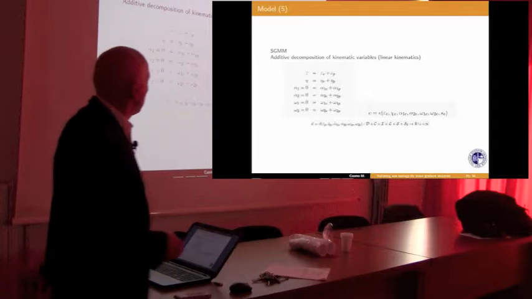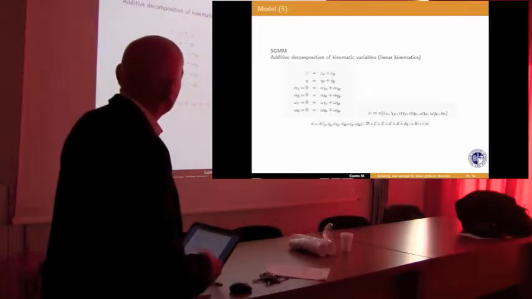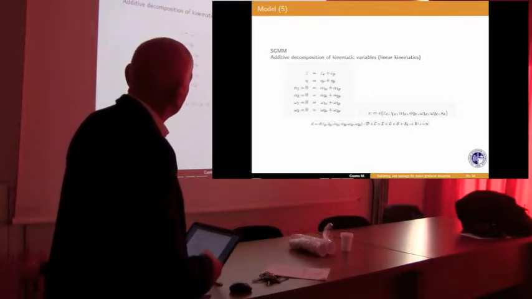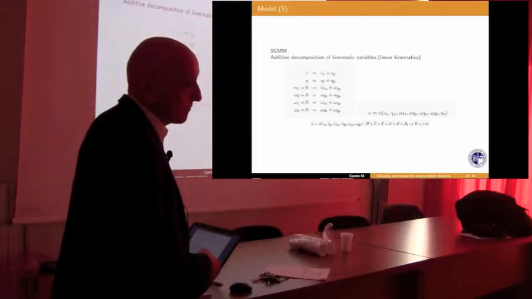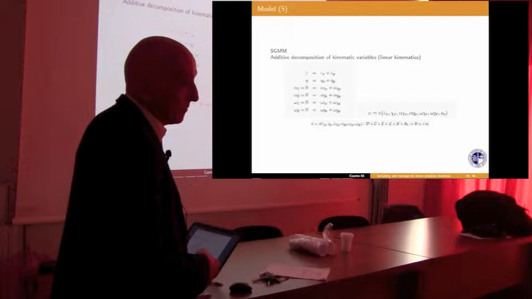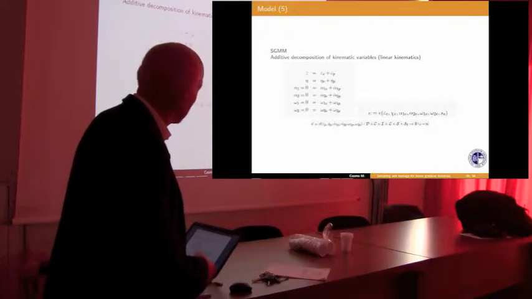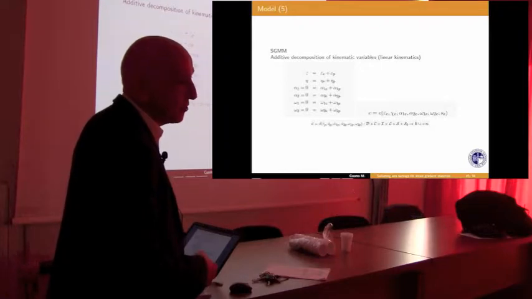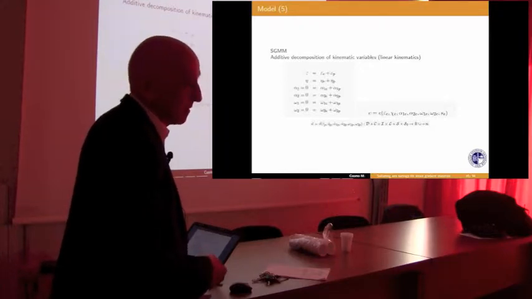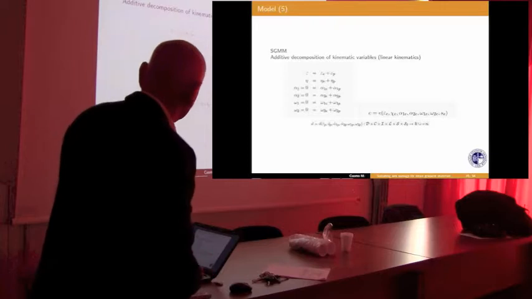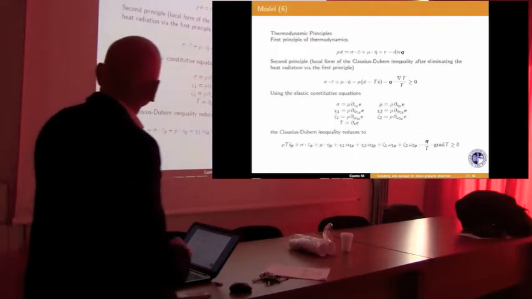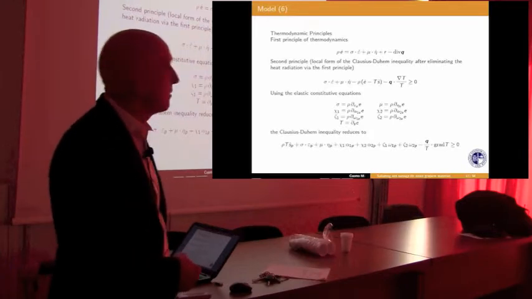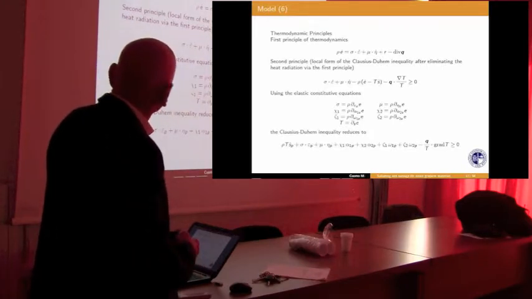Then the model is completed by choosing a functional of internal energy, which is a stored energy, so a functional only of the elastic part of the kinematic variable, and a functional of dissipation, which is a function only of the plastic part of the kinematic variable.